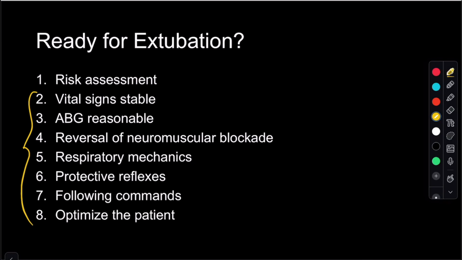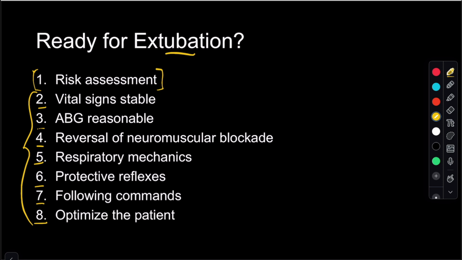So the last topic that we'll discuss is how to know if a patient is ready to be extubated. The Stanford CA1 manual gives 7 different criteria normally that you would look at if you're going to extubate a patient. Open Anesthesia adds one more criterion, the risk assessment beforehand.